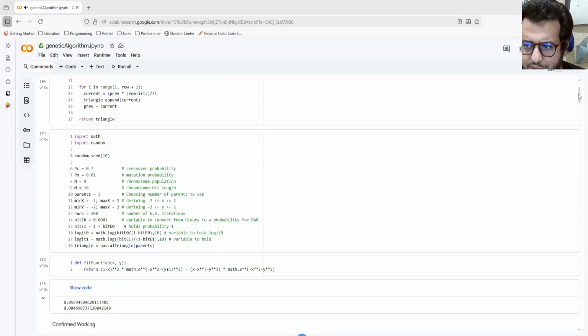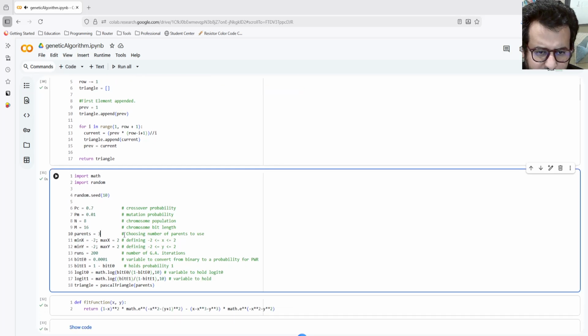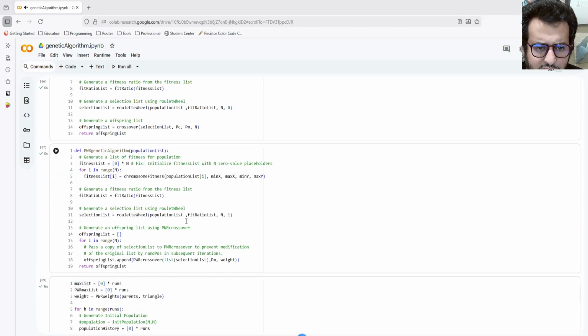So one thing I can do is adjust the number of parents. And so I've gone from 3, I will go to 4. I'll run that again. And let's see what difference we make from this.